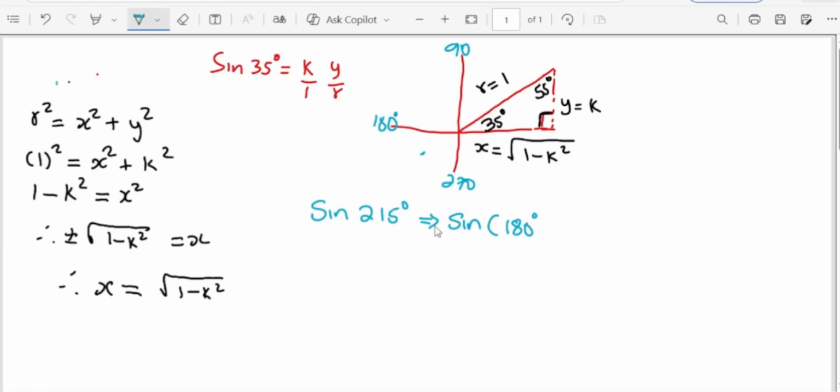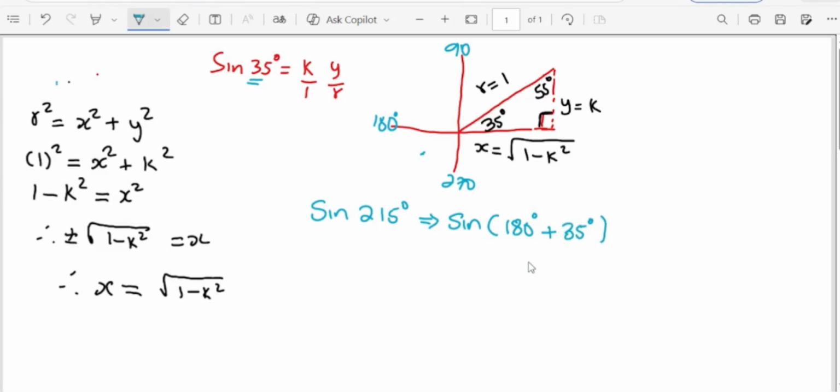We need to understand what we can add to 180 to get 215. So we're going to find the difference between 180 and 215. So we say 215 minus 180, which gives us 35, which is the given angle, if you still remember. So we need to add this to 35 degrees.